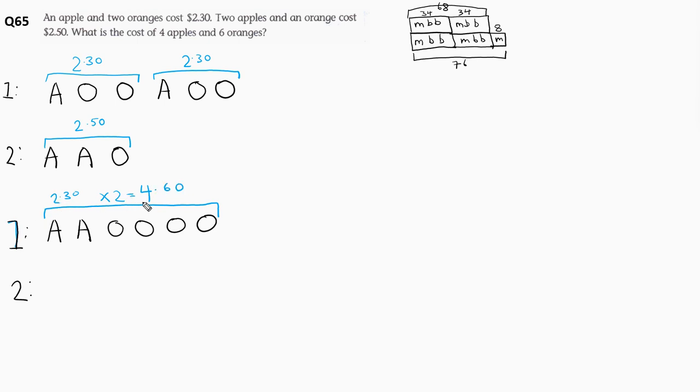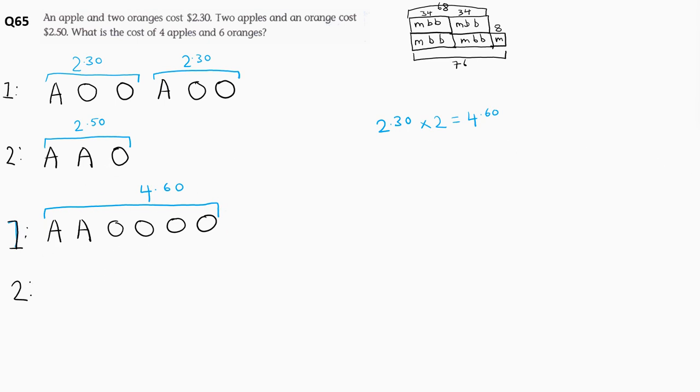So I know that the value of this, I'm going to make that hopefully just a little clearer. I'm going to take all that away. Okay, and there we go. So that was 2.30 times 2 equals 4.60. And that's the value of this bar.